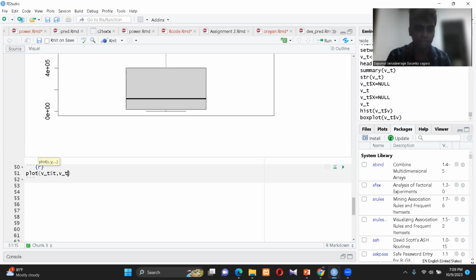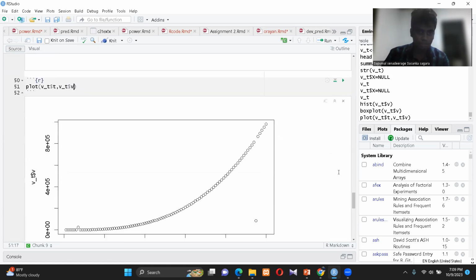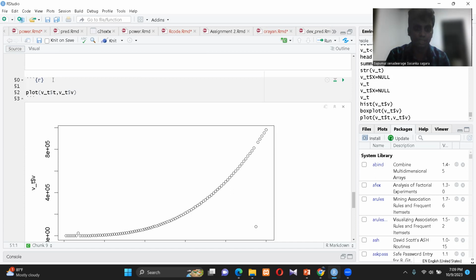Let's see. Okay, now you can see it seems like there is a strong relationship. Let me find out the correlation coefficient as well.